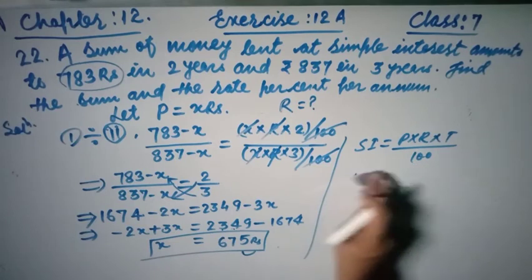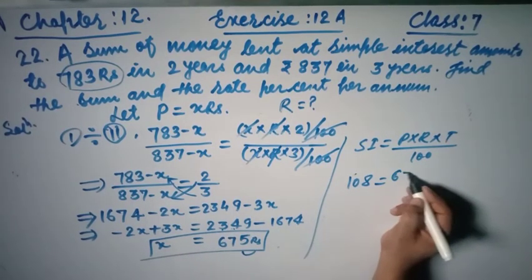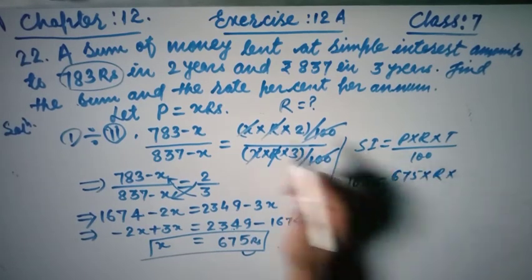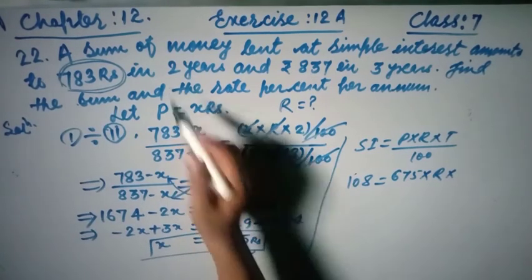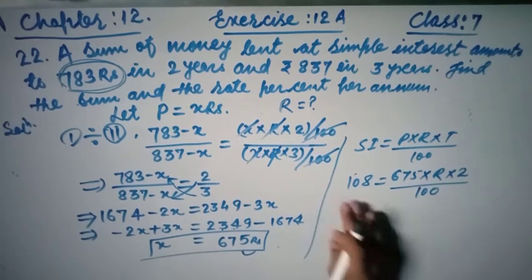Now put the value of 108, this is P friends, 675, R as it is, and the time we can use, because we have to use this. So we have to use the time 2 years, and 100 is here friends.